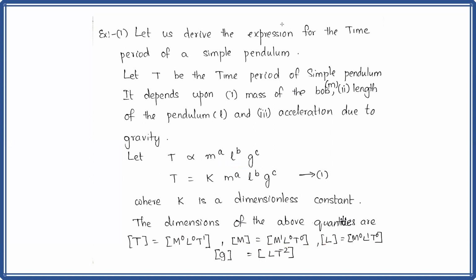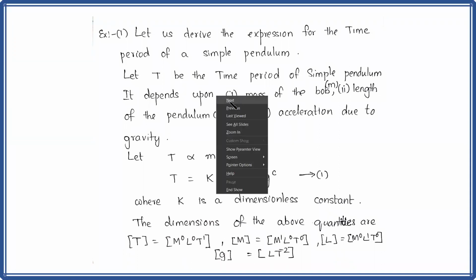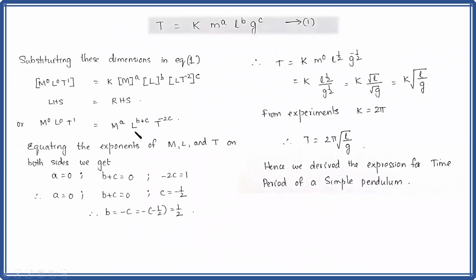So now after that, let us see how we can derive that. First look at this equation 1. You can see here time period is equal to k into m to the power of a, l to the power of b, and g to the power of c.